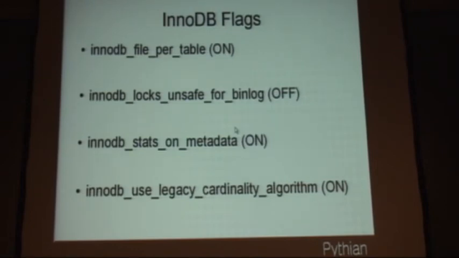So let's just do this final one, innodb_use_legacy_cardinality_algorithm. This was also put in 5.1.35. By the way, the first GA release of 5.1 was, I don't know, October of 2008 or something like that. And it was 5.1.30 or 31 or 32, something like that.